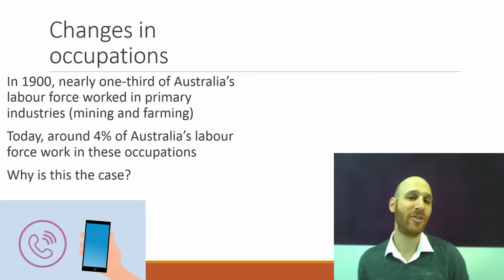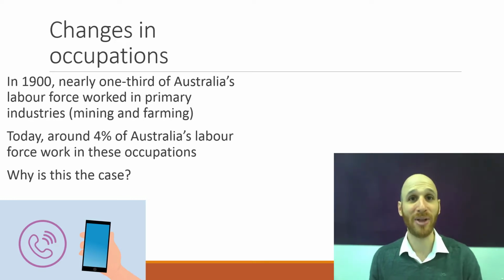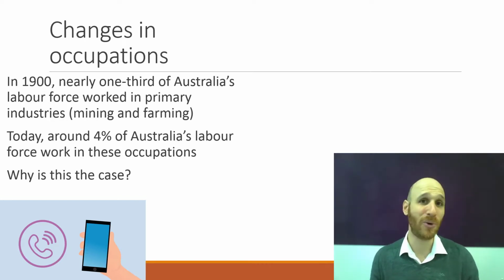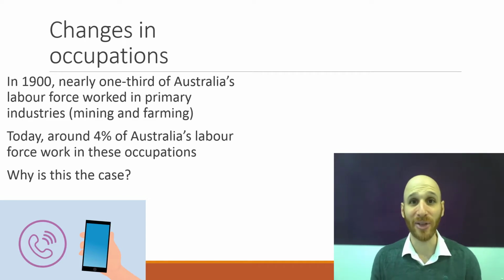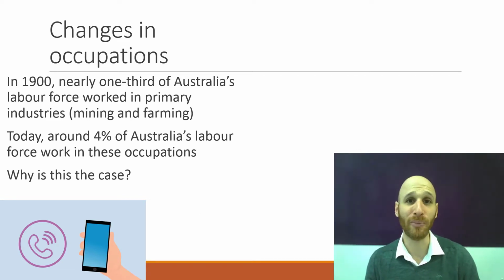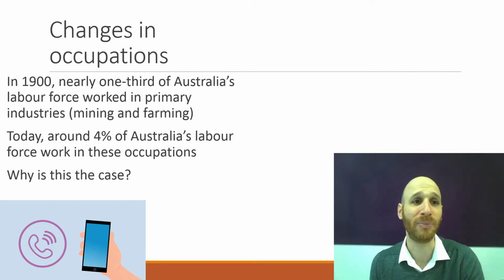There are two things to think about. One is technology. Technology has meant that people have all sorts of new jobs that mean they don't have to be mining or farming. They can work wherever they want. They can do different kinds of jobs that allow them to use technology such as the internet, and move away from primary industries to maybe tertiary industries.